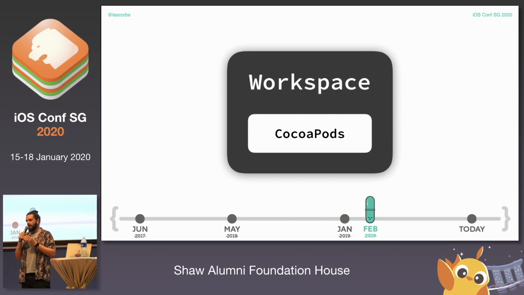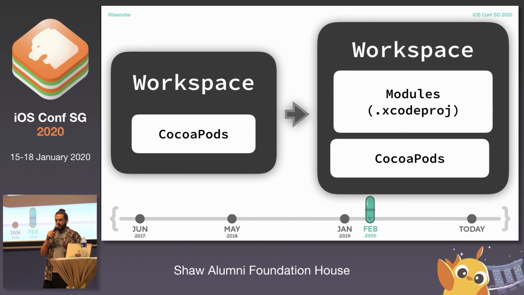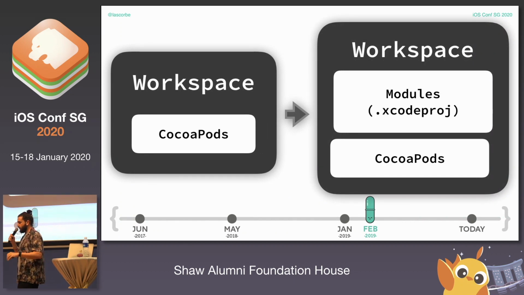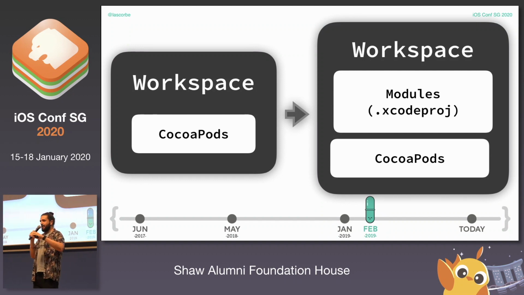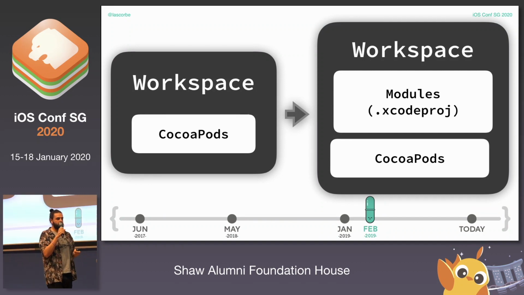And we liked both solutions. So we thought that the best way to overcome the issue was to maintain CocoaPods and also create different Xcode projects for our own models. And we did it.